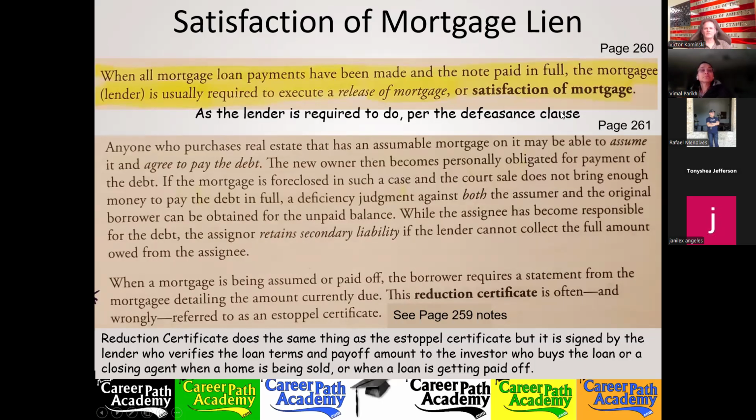Oh, this is at the bottom, the very bottom. Not much room for that? Yeah, we have room, but it's the last line on the page. Well, it's only one. Okay. You got it right. The lender is required to do per the defeasance clause.